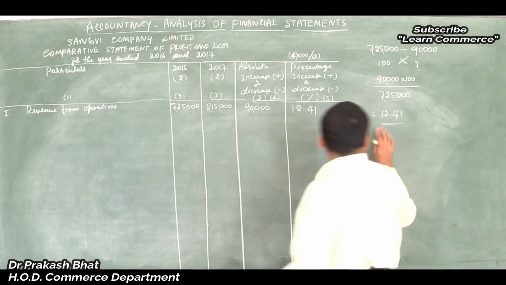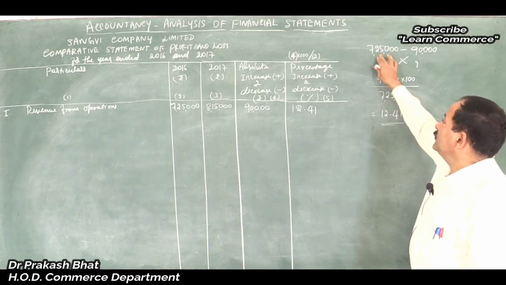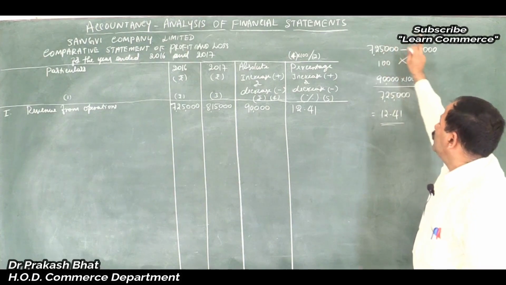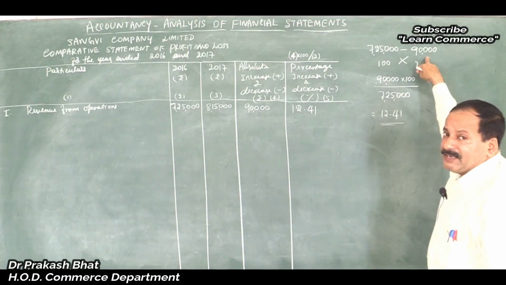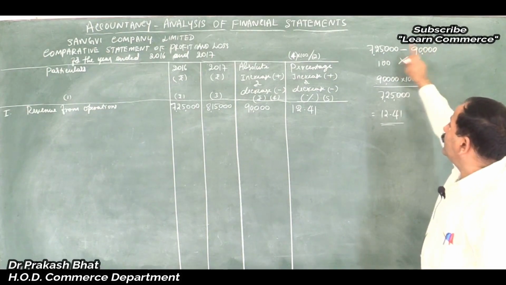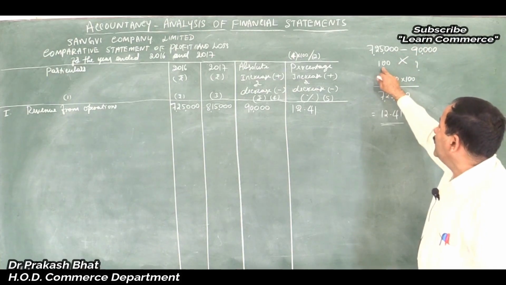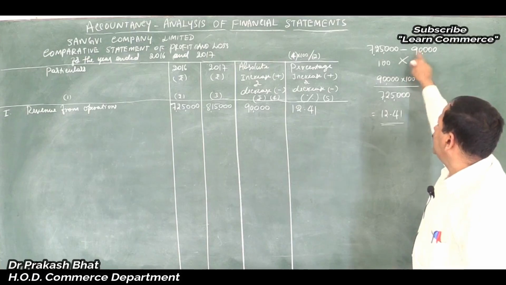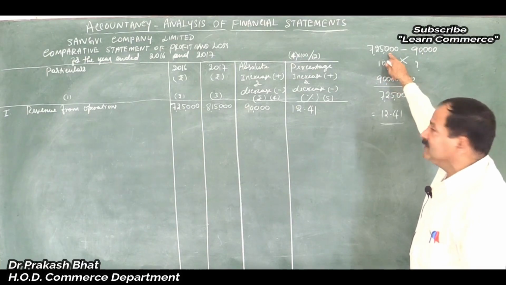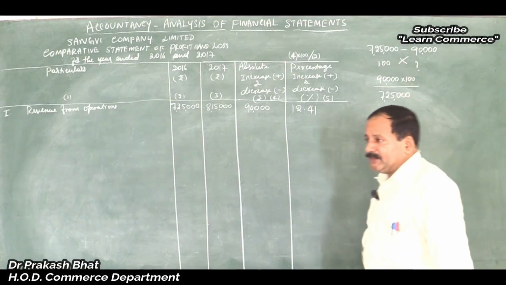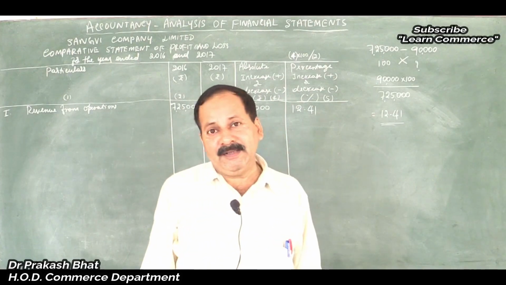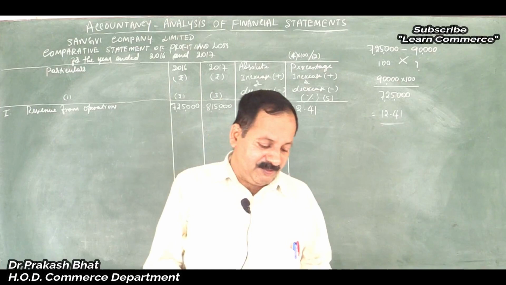So this is how to calculate, friends. For 7,25,000, 90,000 is increased. So for 100, cross multiplication: 90,000 into 100 divided by 7,25,000. Simplify it. You will get the answer. Very simple. Clear? Yes. Now let us move on.